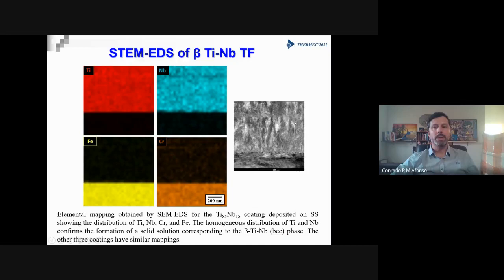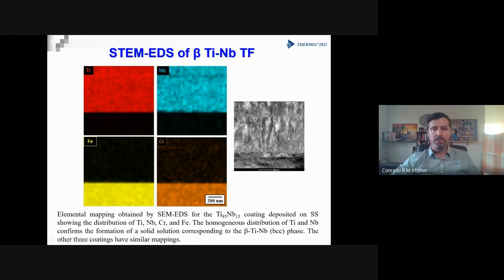Okay? And we did the characterization, just the EDS X-ray mapping of the elements. So the thin film is mainly composed of titanium niobium, and at the bottom part we can see the composition of the stainless steel, the iron and chromium.